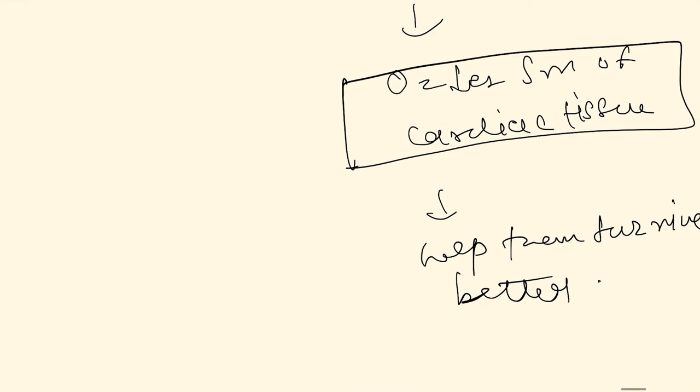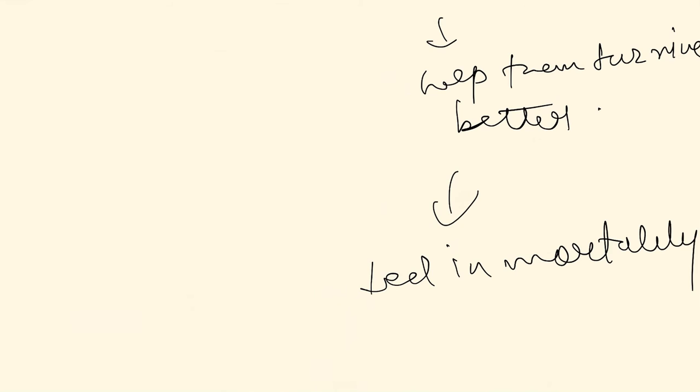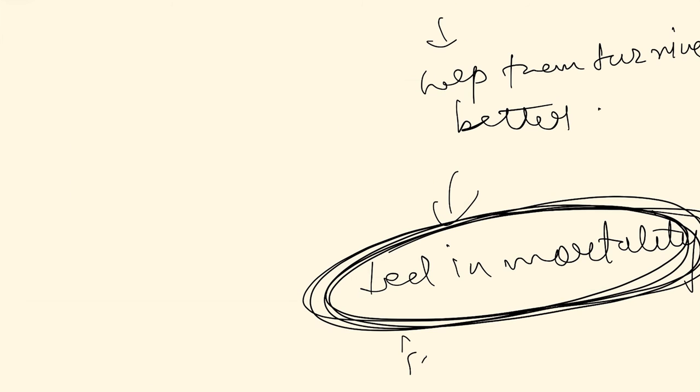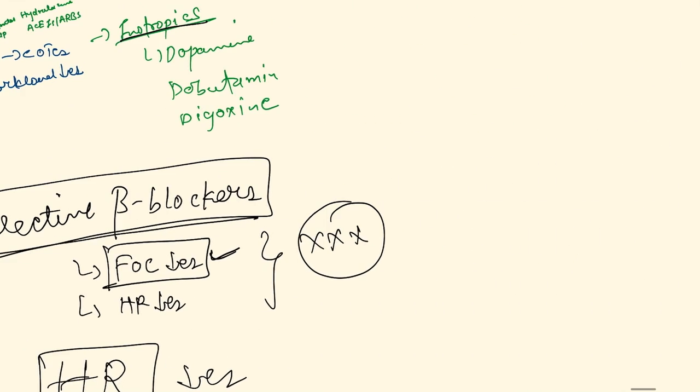So we are preserving the cardiac cells, the cardiac tissues. This drug causes a decrease in mortality. This is the only drug that is causing a decrease in mortality in CHF patients. That's why selective beta blockers are very important.